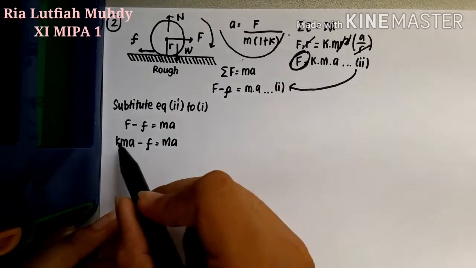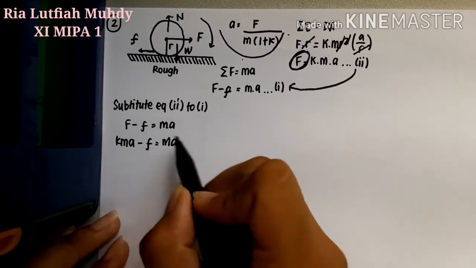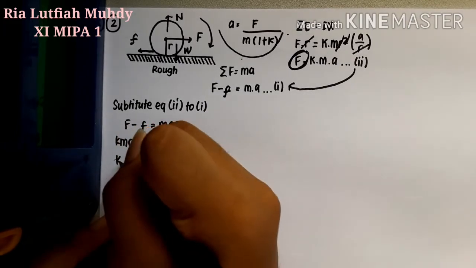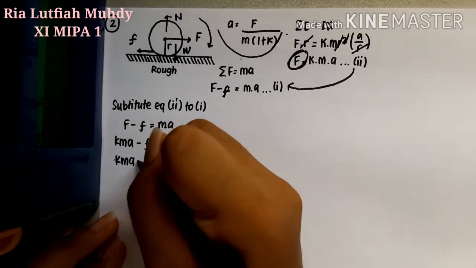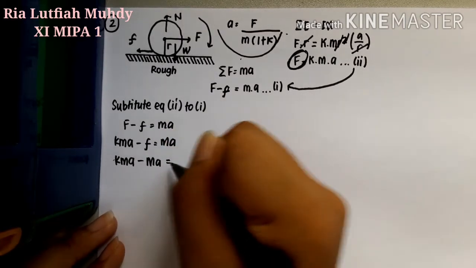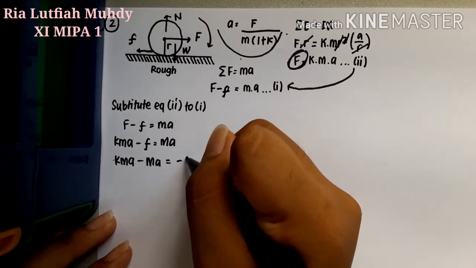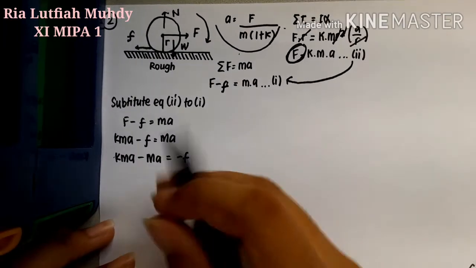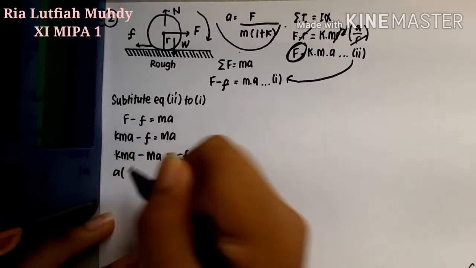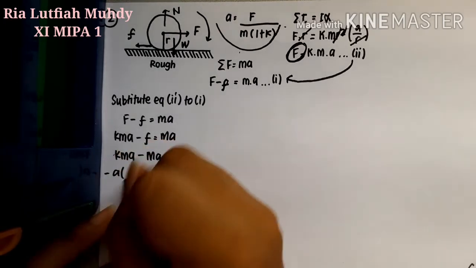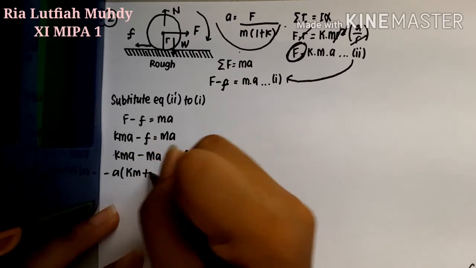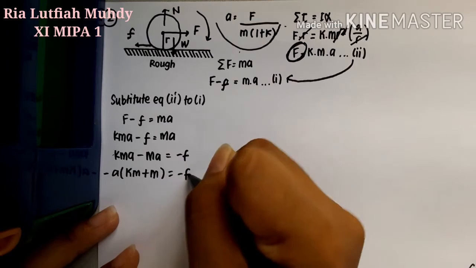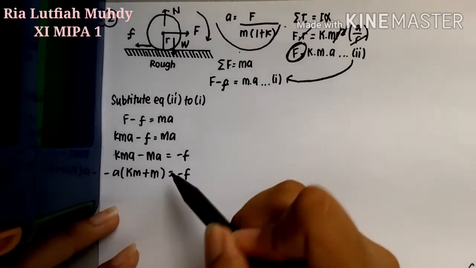And then we change the position, so it will be K m a minus m a equals minus F. Then as we know, there is a in here, so we put the a outside of this symbol, so it means minus m a plus m equals minus F. There is a minus in here and a minus in there, so we can cross them out.